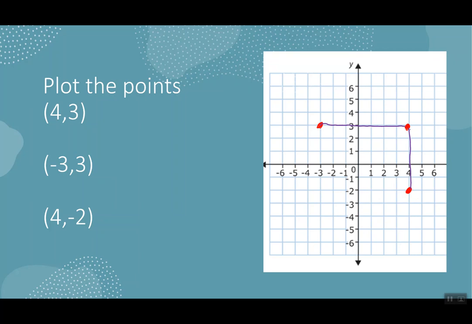But what if I want to make a rectangle? I would want to come down until these line up. And then I think, well, what point is this? This point has an x value of -3, and it has a y value of -2. What you can see is we had the same x value, and we had the same y value.